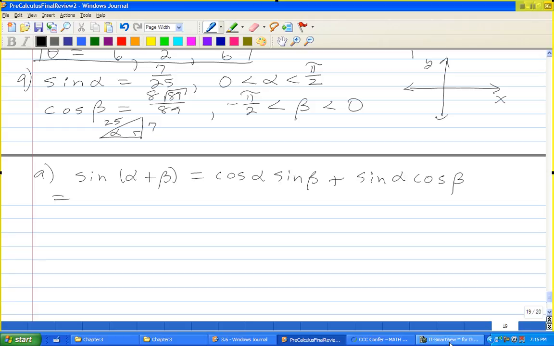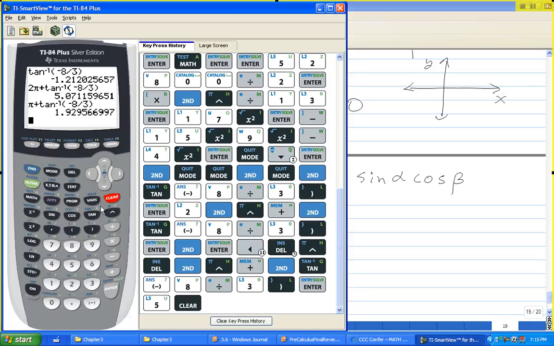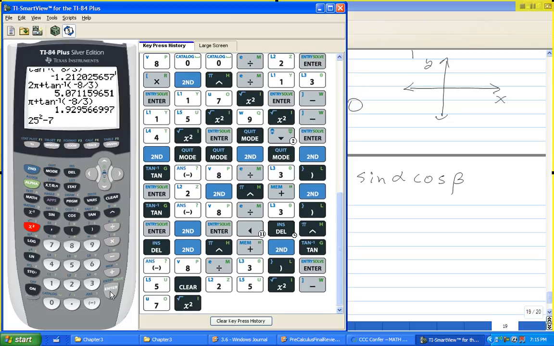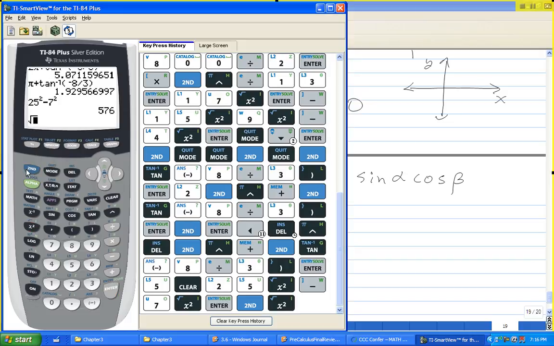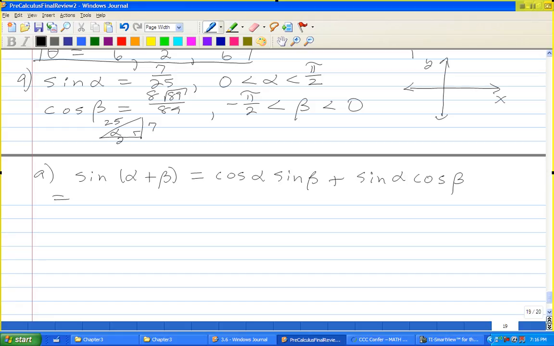I don't think that's a nice number. 25 squared minus 7 squared is 576. What's the square root of 576? 24. Okay, 24, 7, 25. That's a nice number.